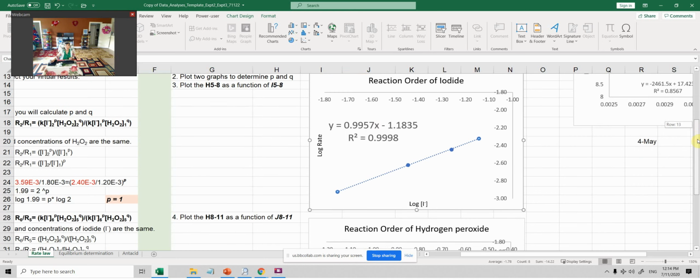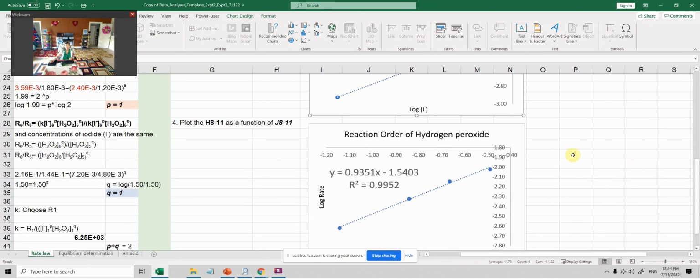And then you are going to determine the reaction order for hydrogen peroxide similarly. But you use different groups of data. You use your J8 to 11, use the other 4 or 5, as long as you have different concentrations of your hydrogen peroxide. And then similarly, you plot a graph using logarithm of rate as your y, logarithm of concentration of hydrogen peroxide as your x.